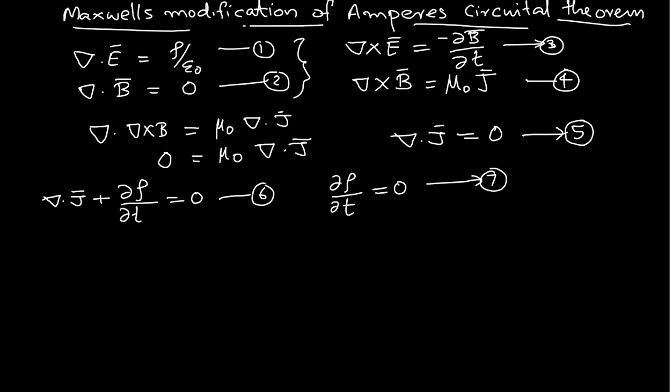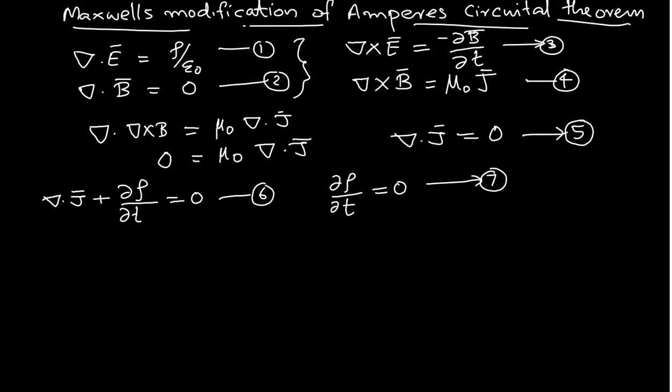From this, Maxwell concluded that Ampere's law is valid only for steady state conditions and it is insufficient for the cases of time varying fields. Hence, to include the time varying fields, Ampere's theorem must be modified.